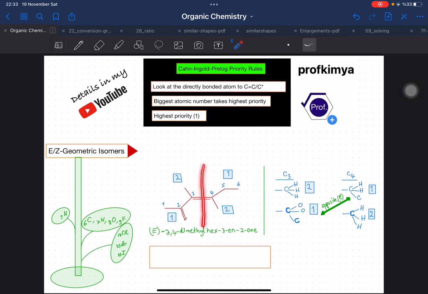If I draw X, Y coordinates, ethyl group is on the plus Y coordinate, acetyl group on the minus Y coordinate.